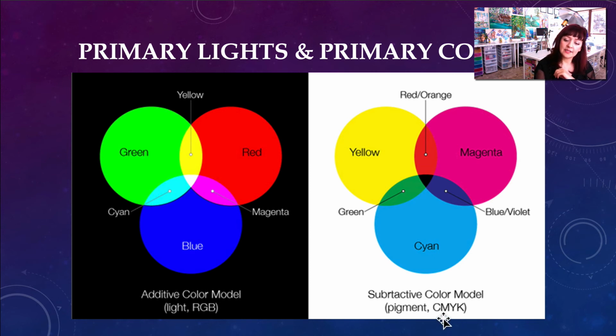CMYK stands for cyan, magenta, yellow, and black. These are the colors that any printer would use, and that's how you would become familiar with the coloring system of it. And RGB is red, green, and blue, and those are your three primary lights. So they are good if you're doing web design, if you're doing photography, or anything that the outcome is going to be seen on a screen, whether it's web or a TV, right? And these are when you're actually having an output into the world in terms of physical printing.